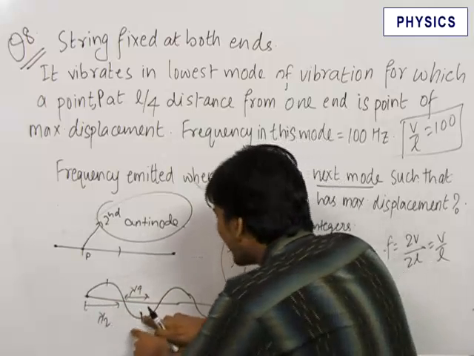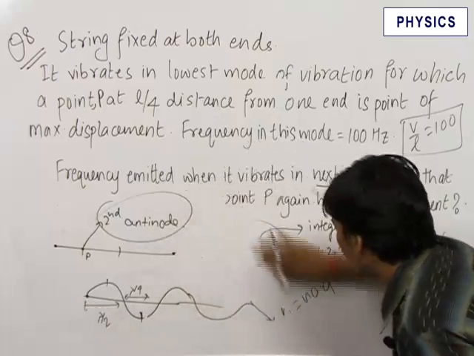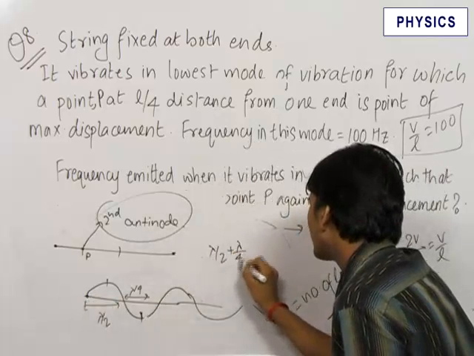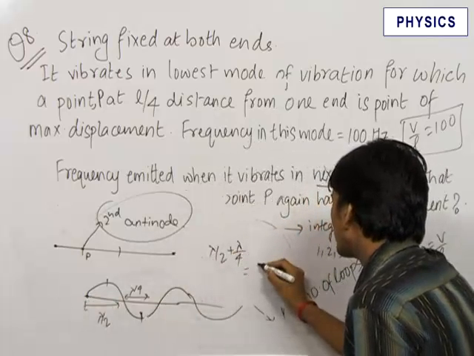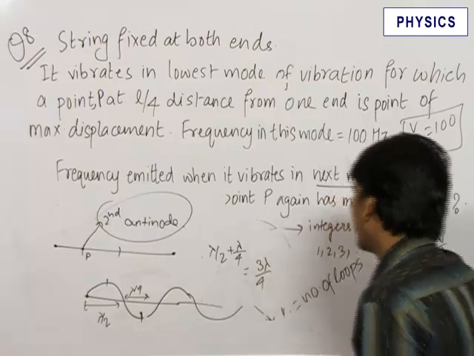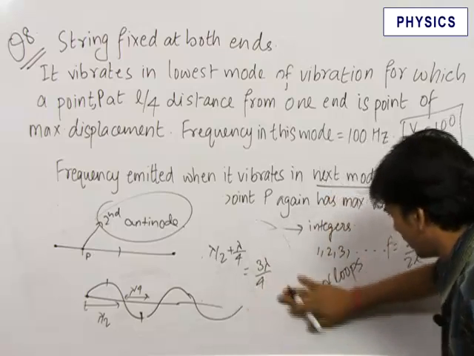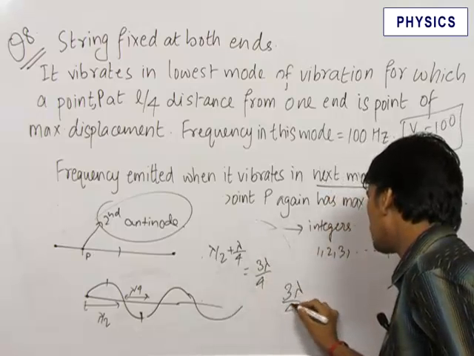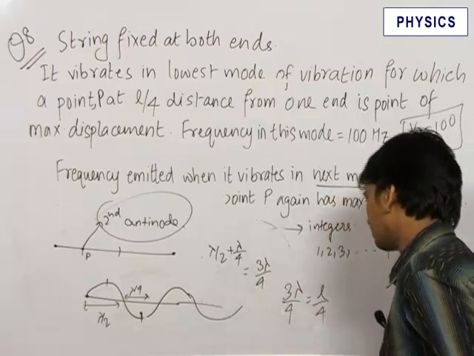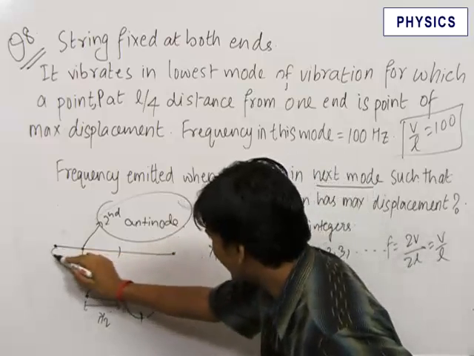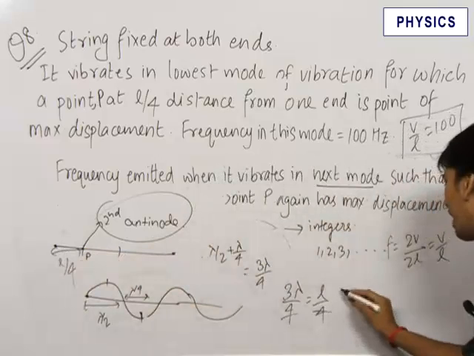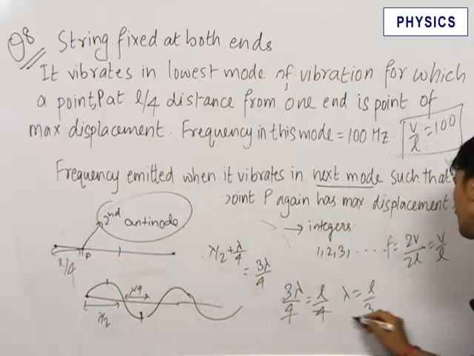Therefore the distance of the second antinode from this end point is lambda by 2 plus lambda by 4, that is equal to 3 lambda by 4. Therefore for the second case, 3 lambda by 4 is equal to L by 4, because the second antinode is at a distance of L by 4 from this end point. Therefore lambda is equal to L upon 3.